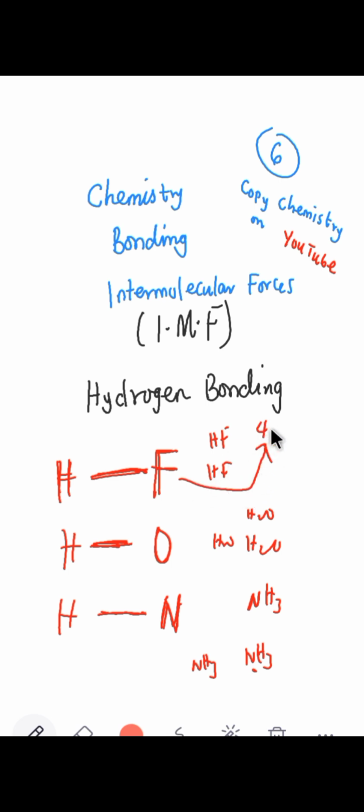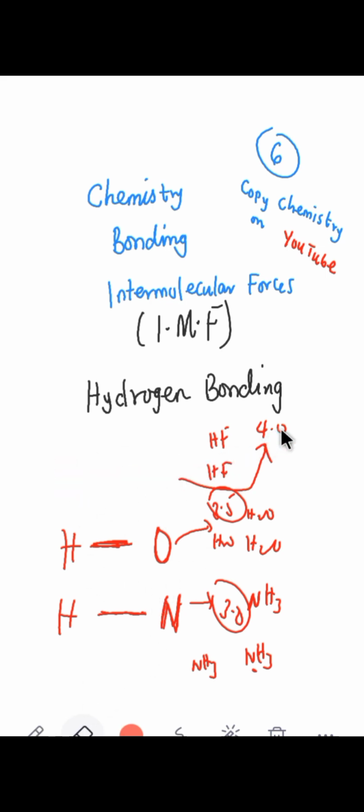This has a value of around 4.0, followed by this one around 3.5, and this around 3.0. Their electronegativity values are the highest on the periodic table. So you do not have to remember the values, you just need to remember that fluorine, oxygen, nitrogen are highly electronegative, thus hydrogen bonding could be present there. Now let's see how the hydrogen bonding actually plays out in HF.